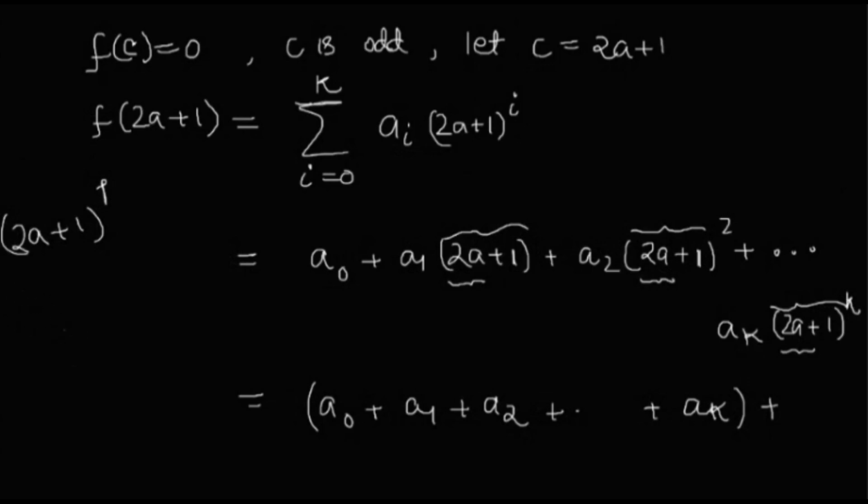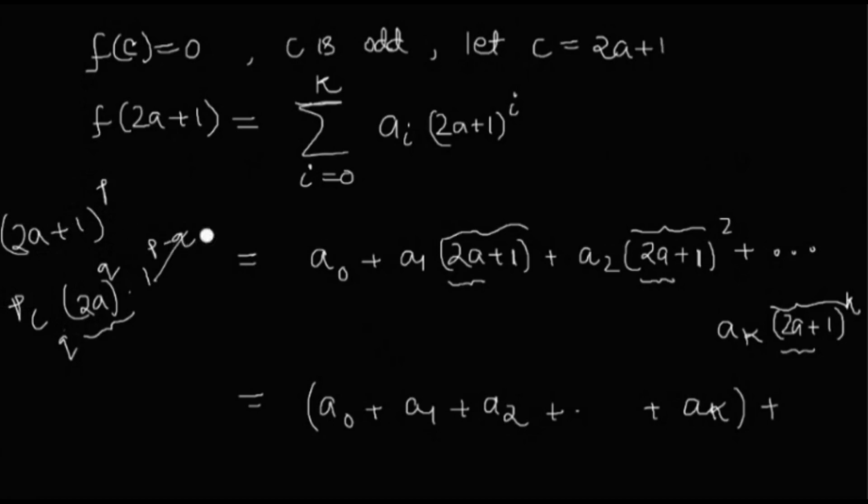The rest of the terms of the binomial expansion will always involve a twice a. Because twice a plus 1 whole to the power, say, give me a number, p. The general term would look like p c q, twice a to the power q times 1 to the power p minus q. Wait, there's a mistake.